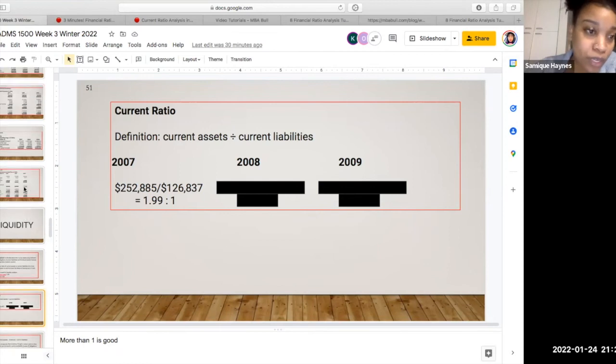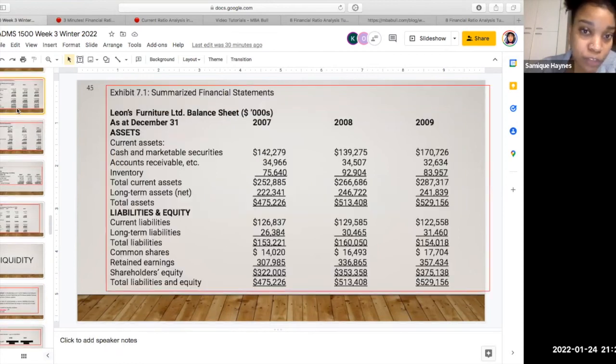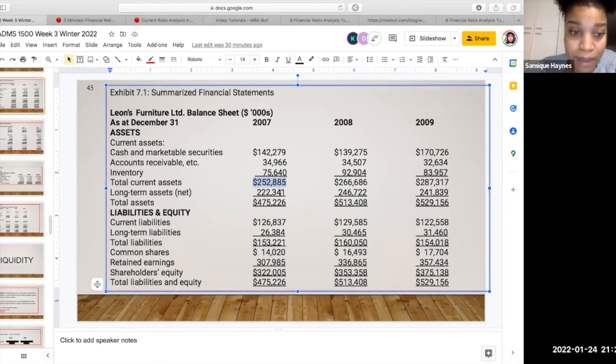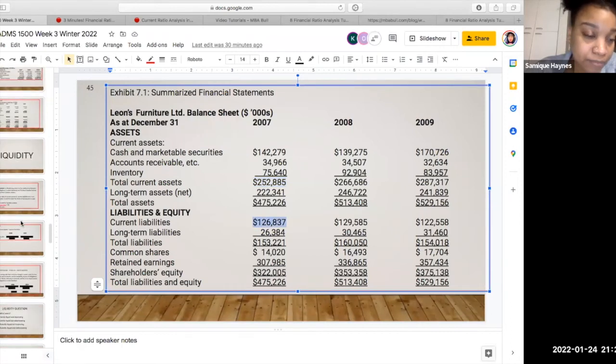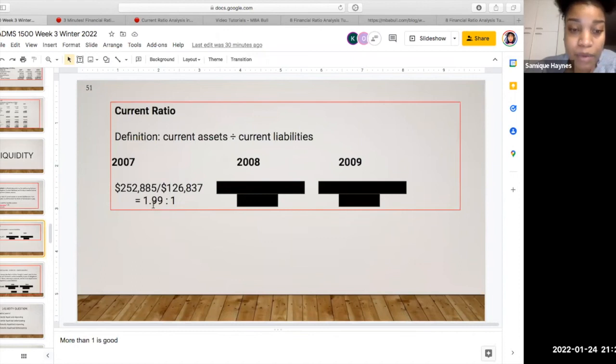Good job. So we go up to the balance sheet, which I think was the first one. And we're looking for 2007. Current assets is 252,885 divided by current liabilities, 126,837. So once we divide that, we'll get 1.99.